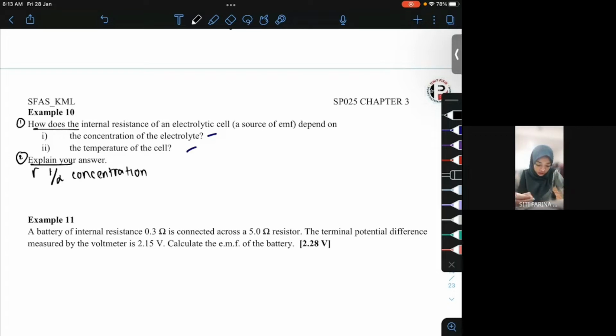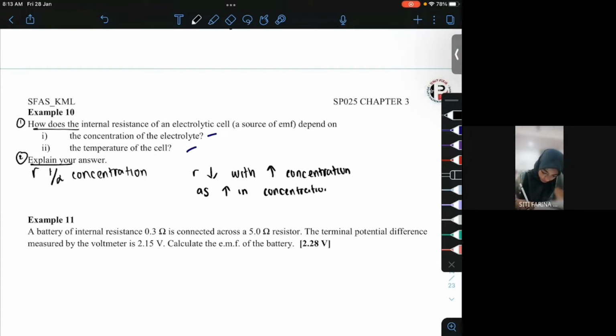So contoh, kita bagi internal resistance will decrease with increasing concentration. Kita bagi satu situasi lah kan. As increase in concentration causes, okay, baru kita nak explain apa yang akan jadi.